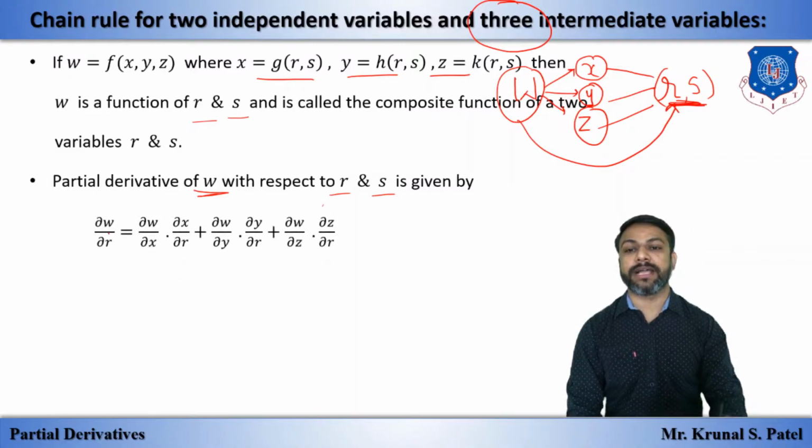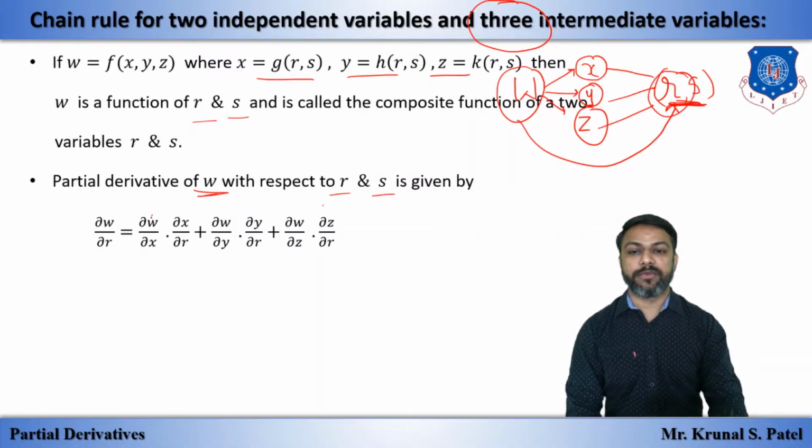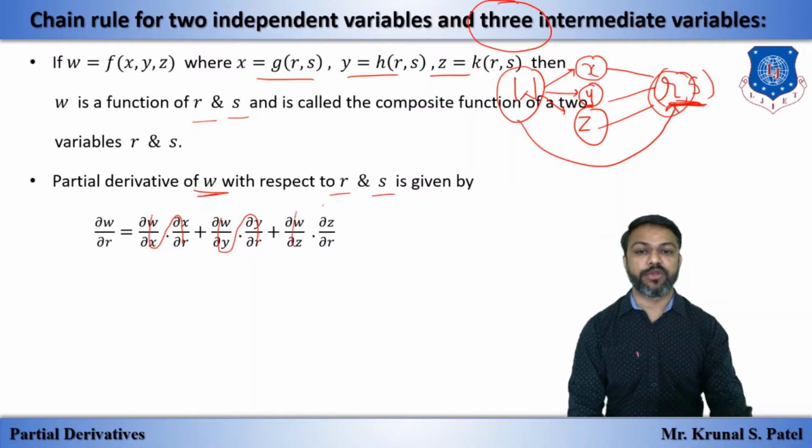So it is given by del w by del r. So x, y and z, all three intermediate variables contain r, so we have to go through x, y and z. So w with x, x by r, w with y, y by r, w with z, z by r.